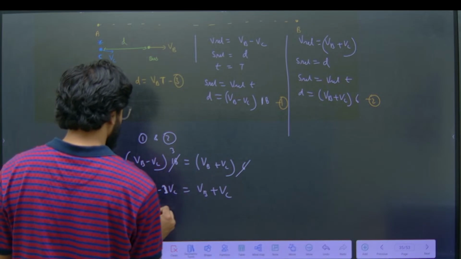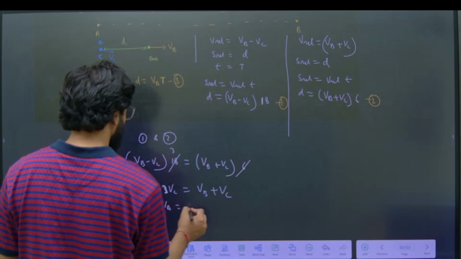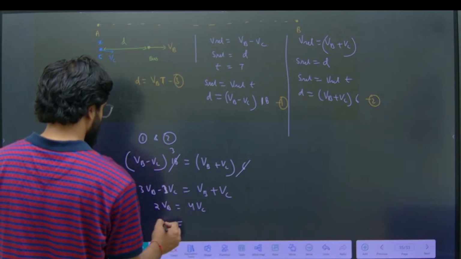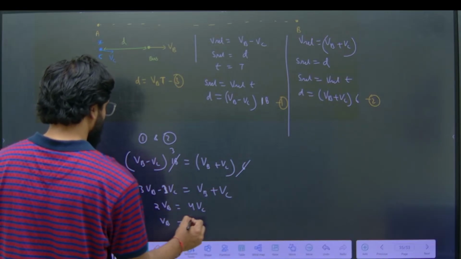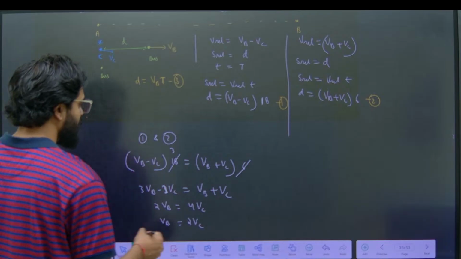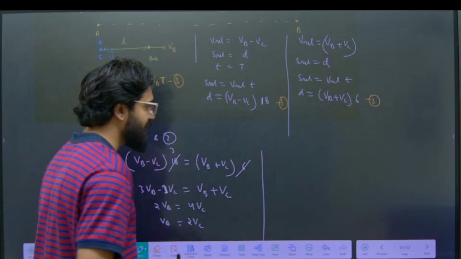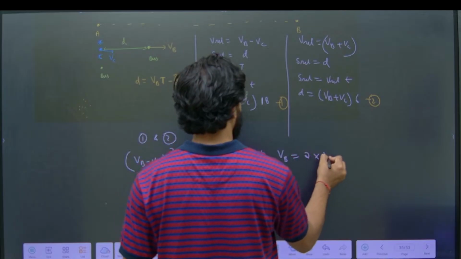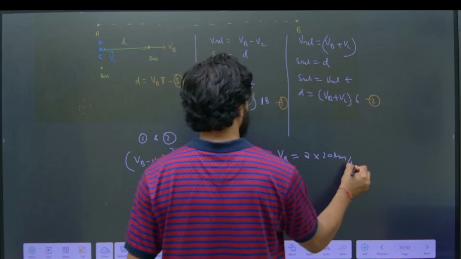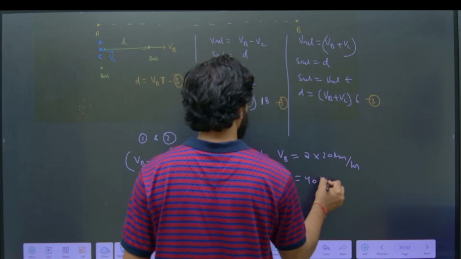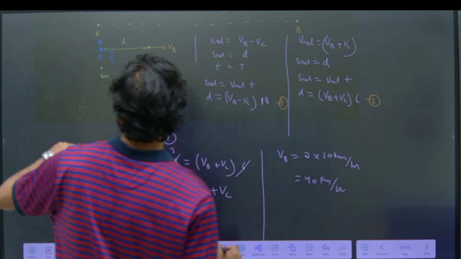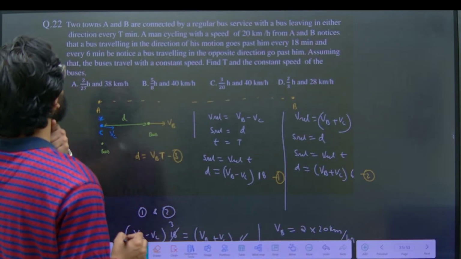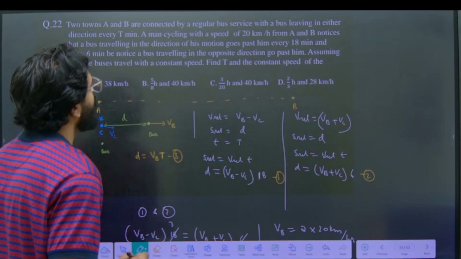Over here 2vb equals 4vc, so vb equals 2vc. We know the velocity of the cyclist is 20 kilometer per hour, so it will be 40 kilometer per hour. So our answer is 40 kilometer per hour.